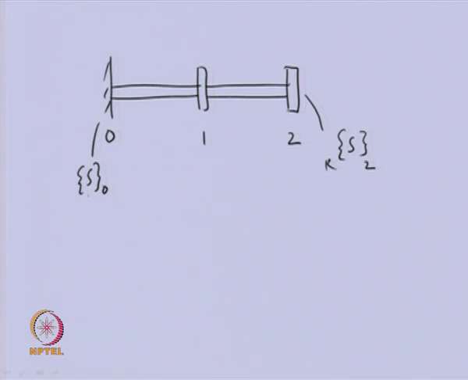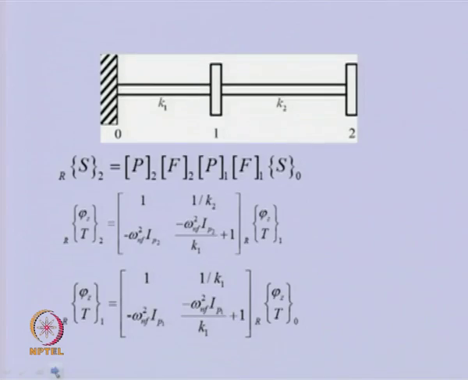Once we have related these two state vectors, we can apply the boundary condition. The only thing is that the matrices will be more, we will be multiplying more matrices. So let us see how this takes place.